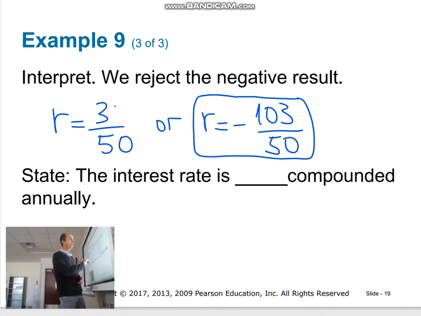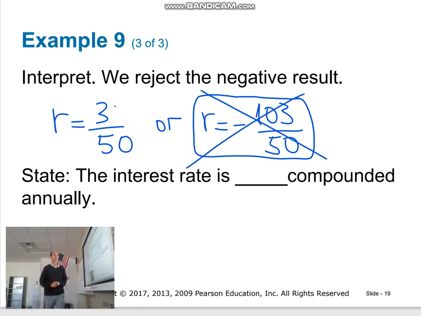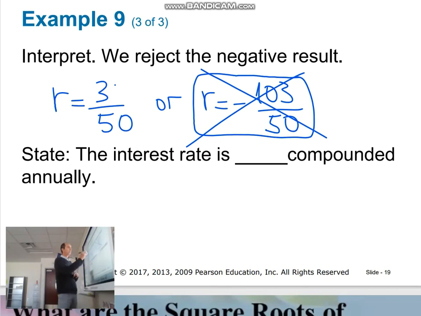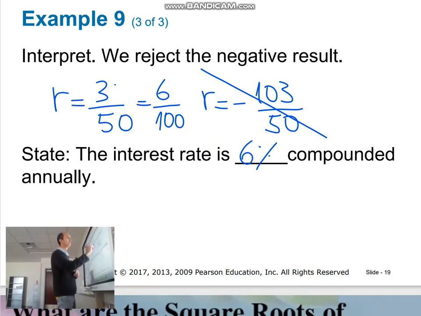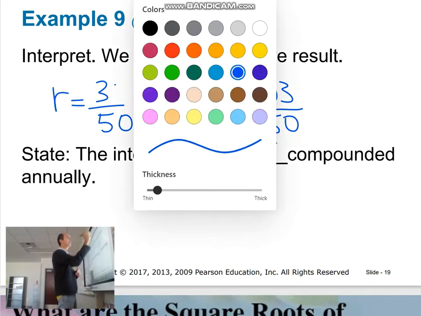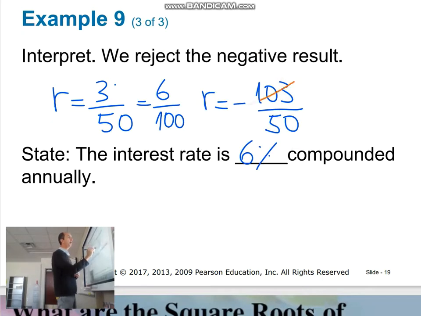So the rate cannot be negative. We're going to reject the negative result. The answer is 3 over 50. If you want to answer as a percentage, we can write 3 over 50 as 6 over 100, which is 6%. 6% is the right answer, and the negative one is rejected.